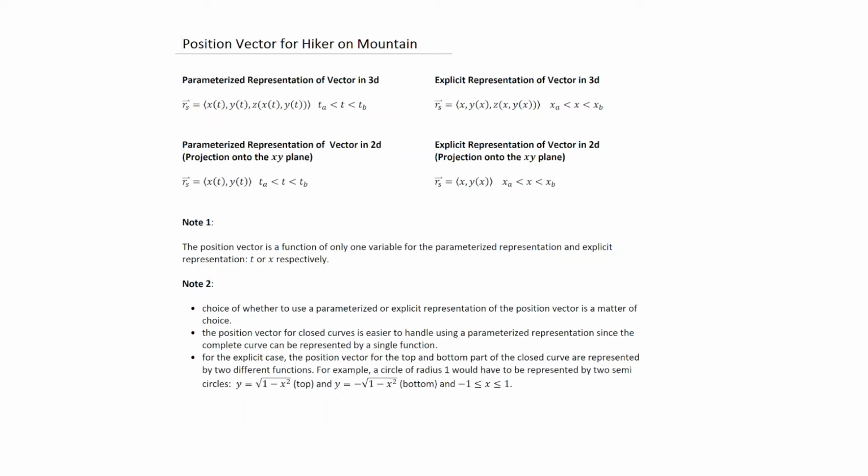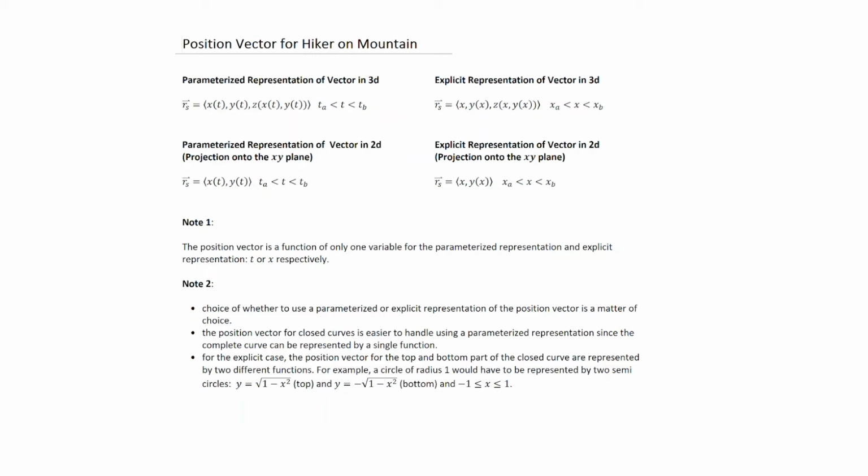In terms of explicit representation, we know, or are given information about, y as a function of x. And so that's an explicit representation. In this case, the position vector would have an x component, which is x. The y component is a function of x, which will be given.